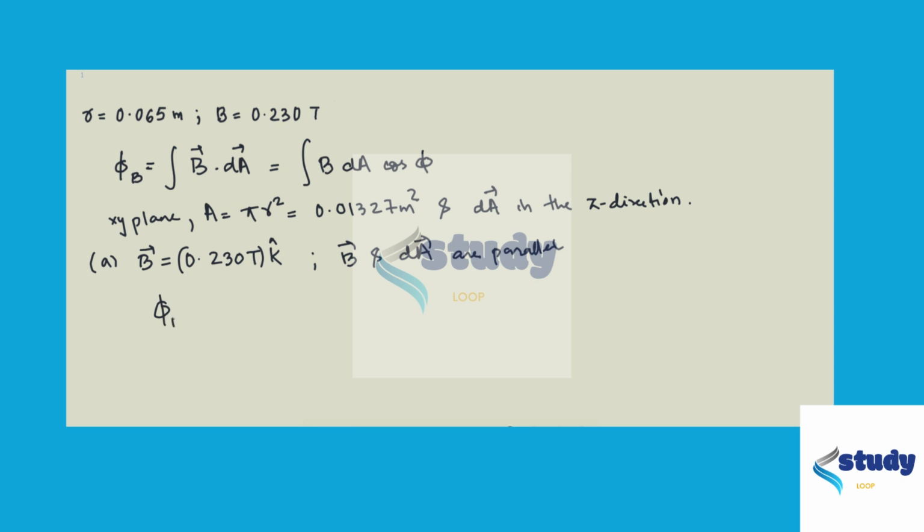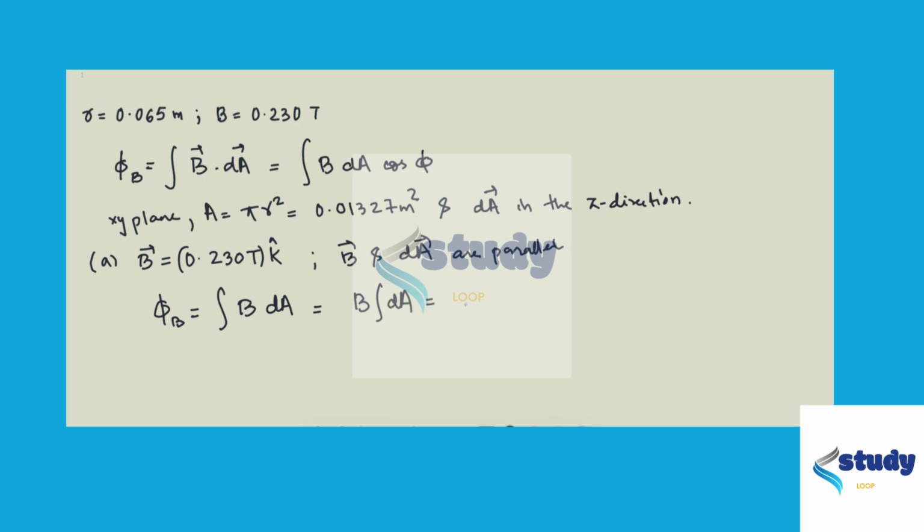So phi B will just be the integration over the magnetic field times a small section of area. And since the magnetic field is constant, we can take it out of the integration.